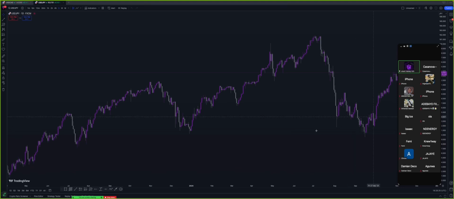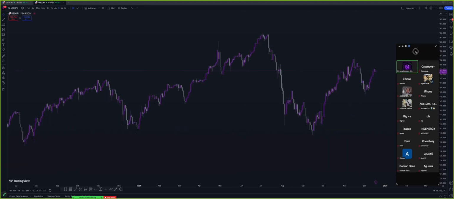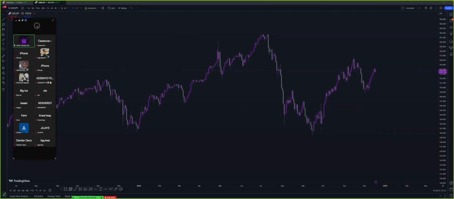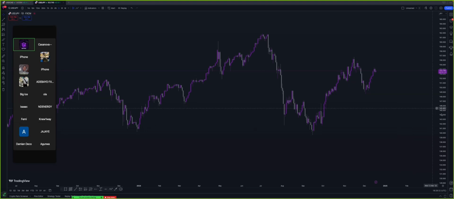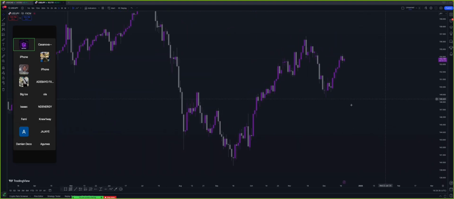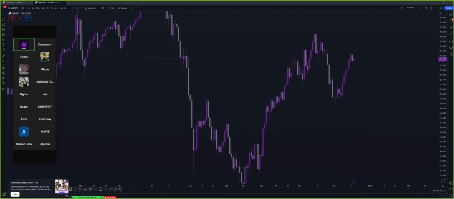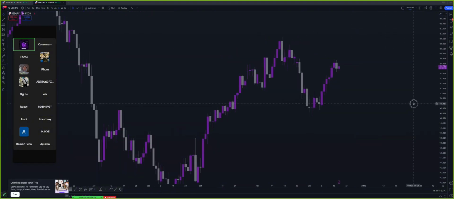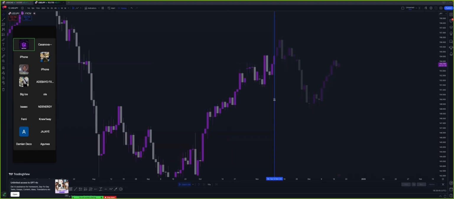So now let's go onto the chart and try to identify this. Let's say, for example, we are on the daily time frame. Let me see if I can replay this.